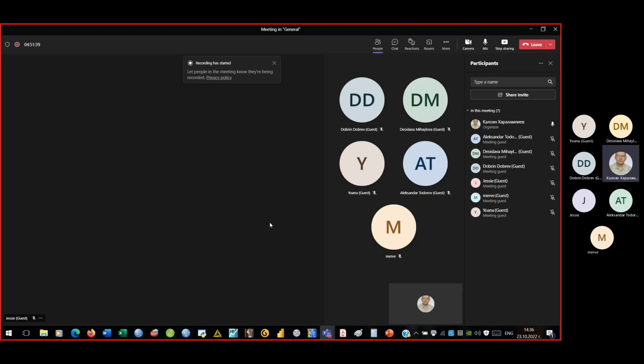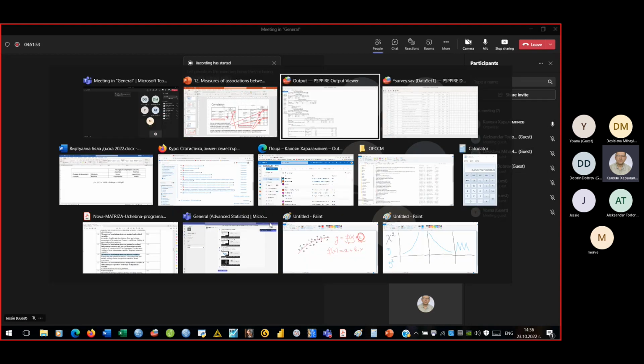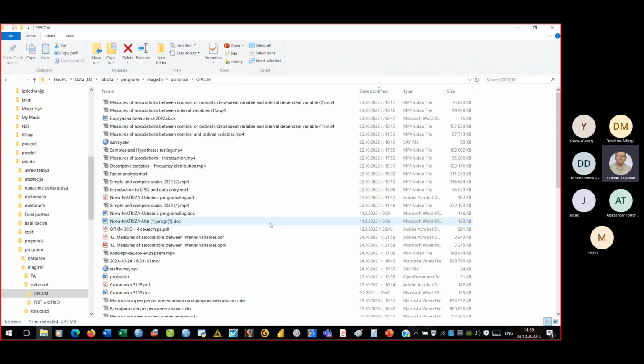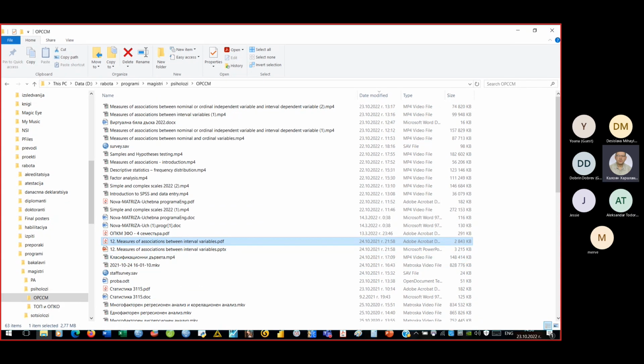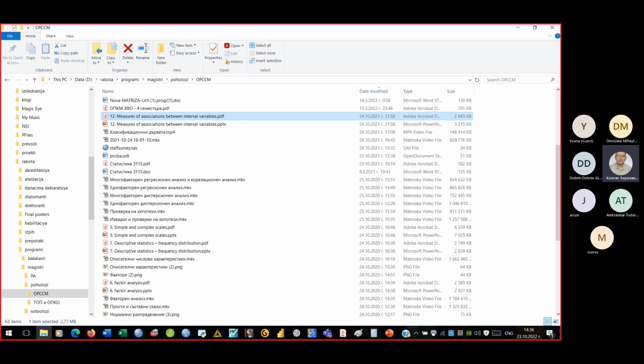And the second approach is to use multiple regression. For me, the approach with multiple regression is better because this approach allows us to test interactions between factors. And I will return to the previous presentation here.